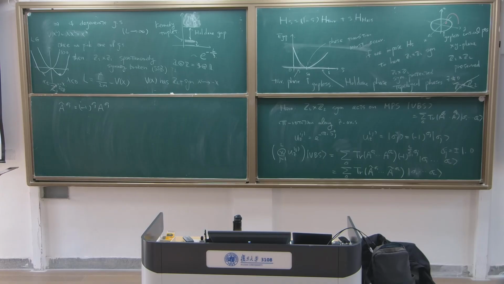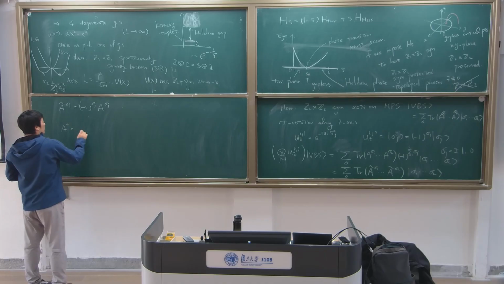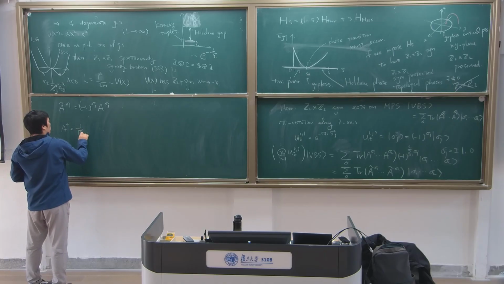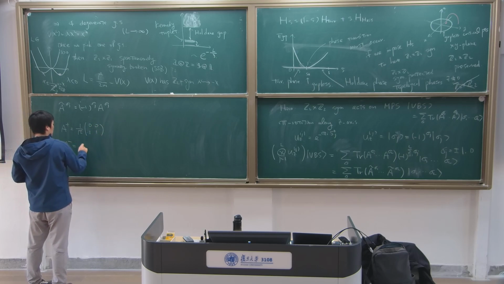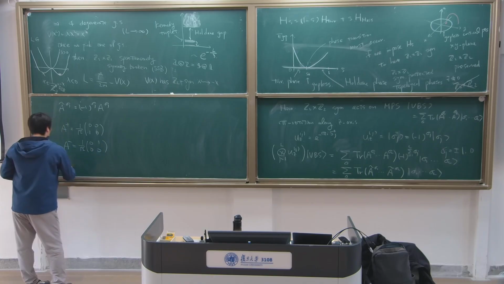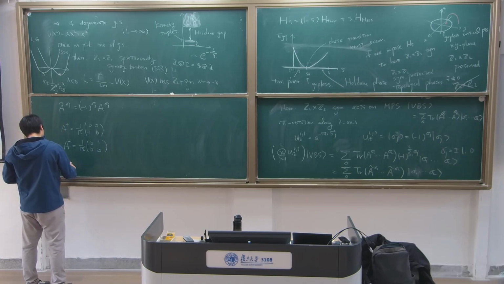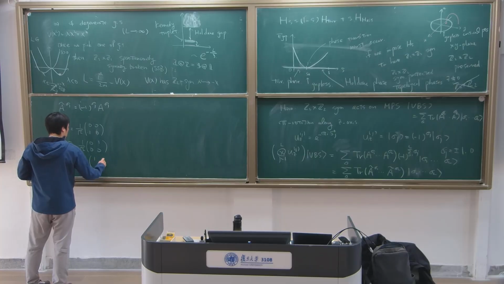And we know that A sigma is something like 1 over square root of 2 times these matrices.